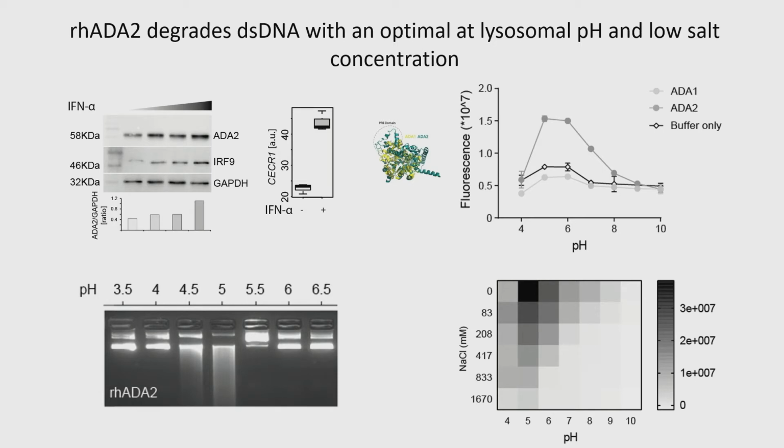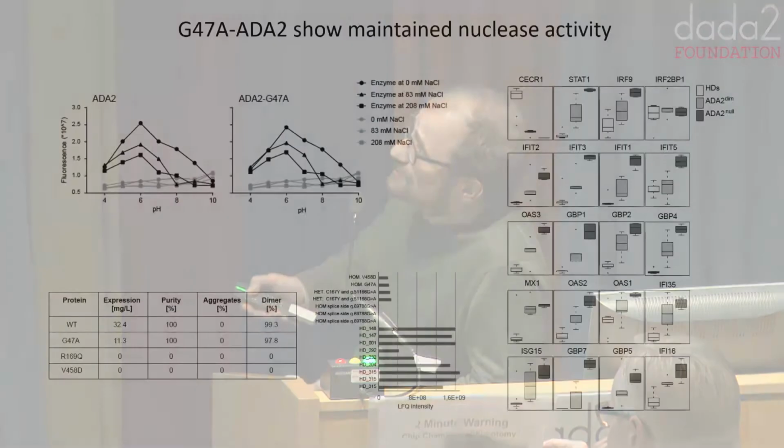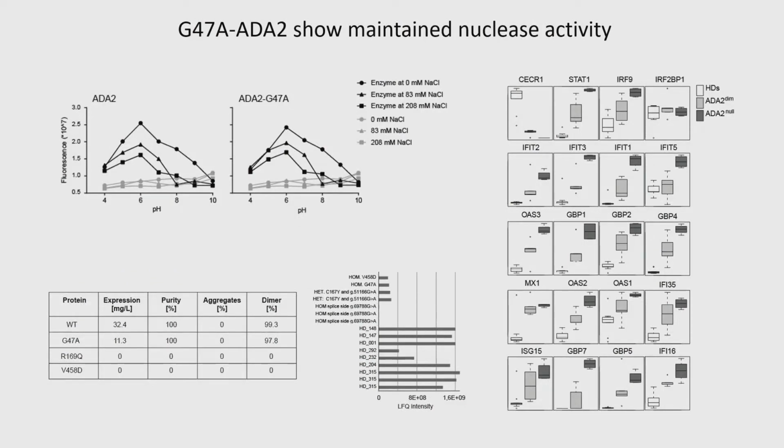And this is just a message related again to what we discussed this morning: the most frequent mutation observed in patients, G47A, is lower expressed, but it maintains the protein and the DNase activity, and this can somehow explain the dose response.